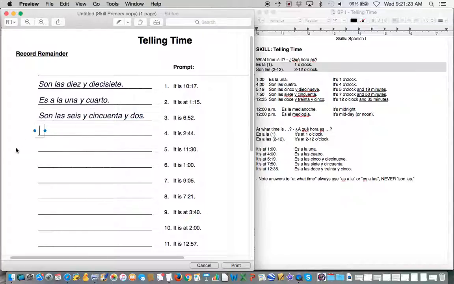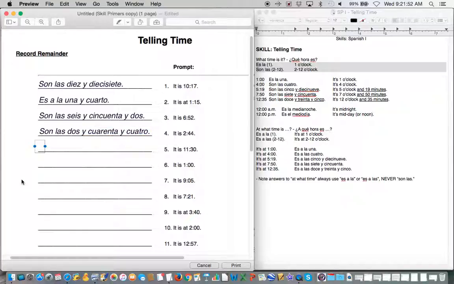Number 4. It is 2 o'clock and 44. Son las 2. So this is, it is 2 o'clock and 44. Make sure you put that R in the right spot or you're saying something very different. So we've got, it is 2 o'clock and 44.